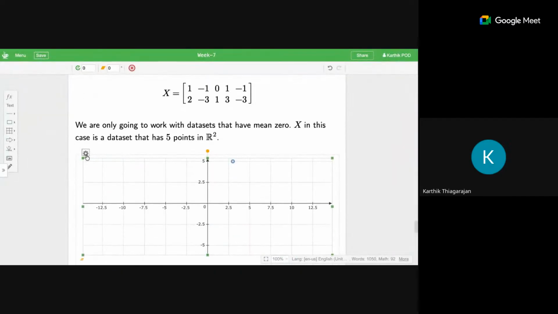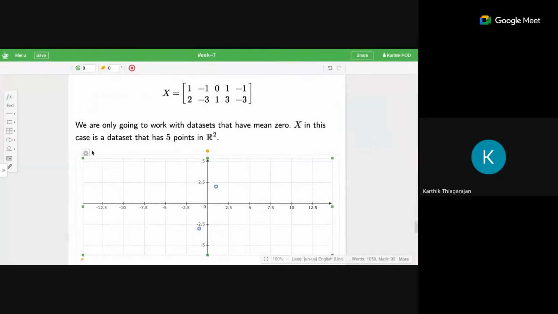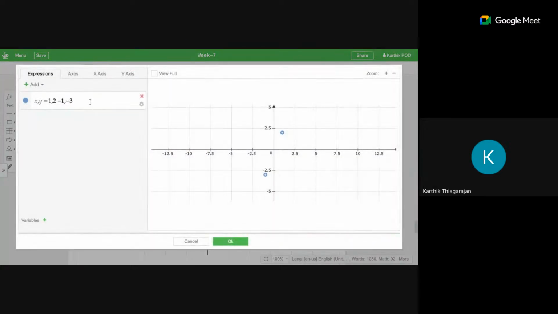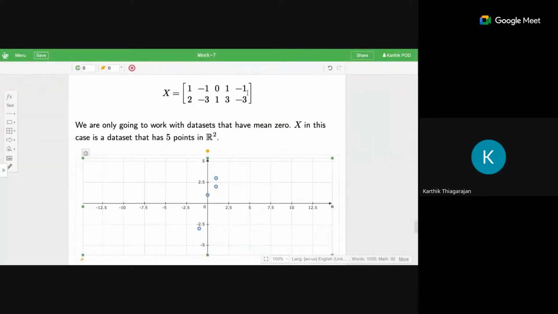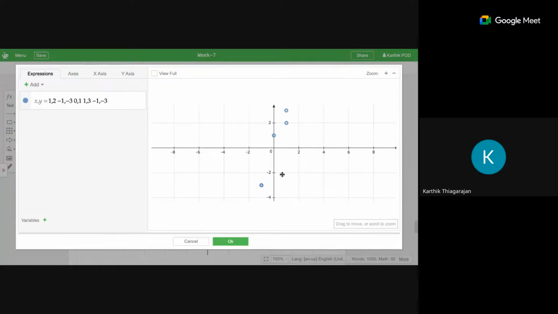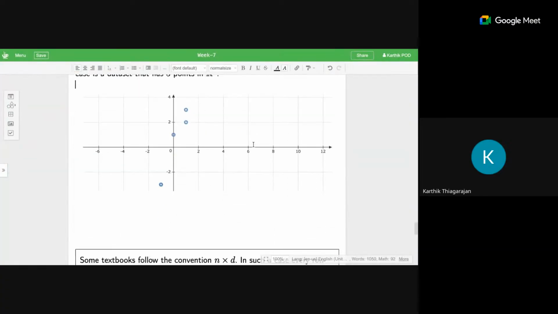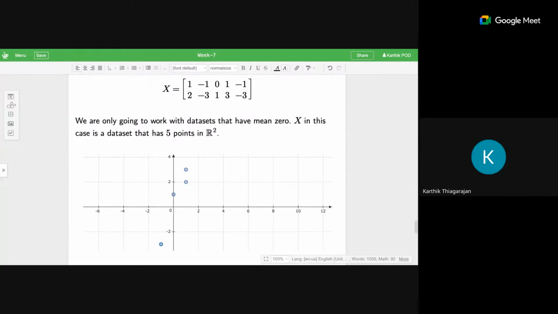So 1, 2, -1, -3, and 0, 1, 1, 3, and -1, -3. Interestingly, it has come out kind of this way. So these are the 5 points. This will be your data set.